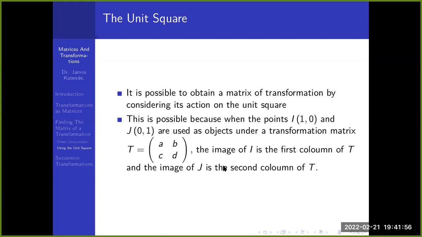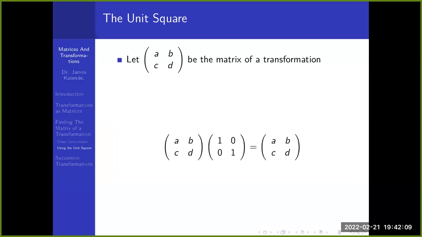Let's illustrate this with an example. That is basically our strategy: find the images of 1, 0 and 0, 1, and they give you the columns of a matrix of transformation. You can see this here: given any matrix of transformation, if you multiply it with the identity matrix, 1, 0, 0, 1, you end up with the columns of the matrix.